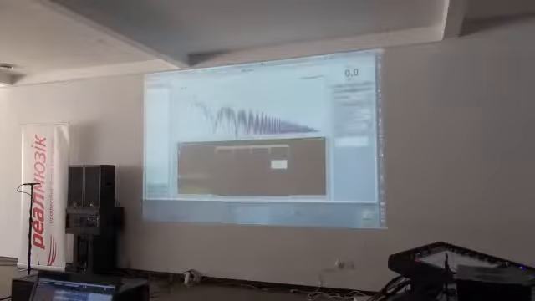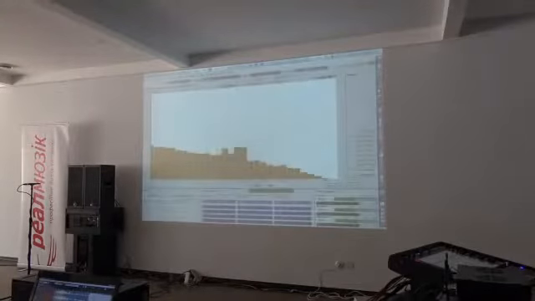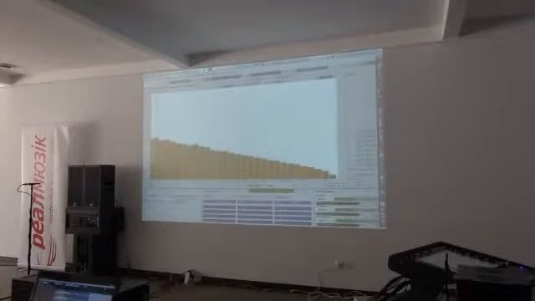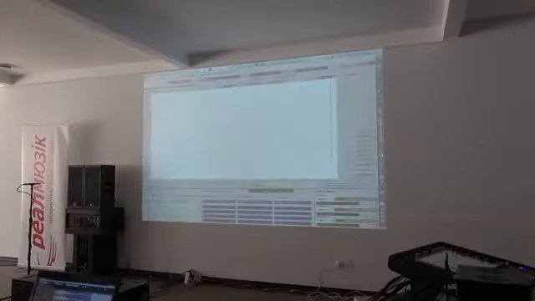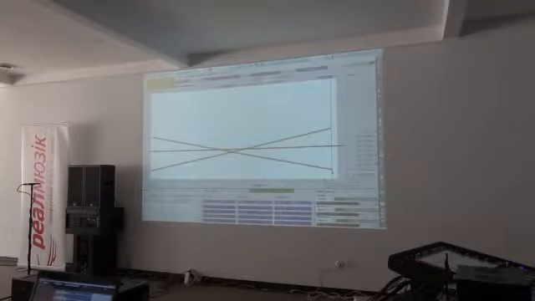So let's measure with the analyzer. You can see more level in the lows, less level in the highs.